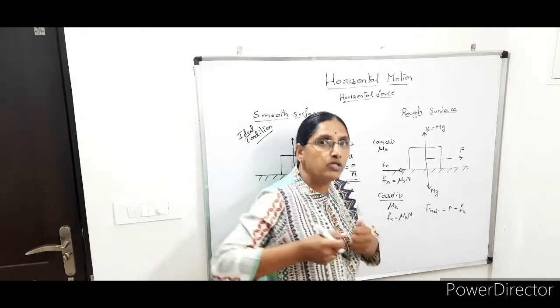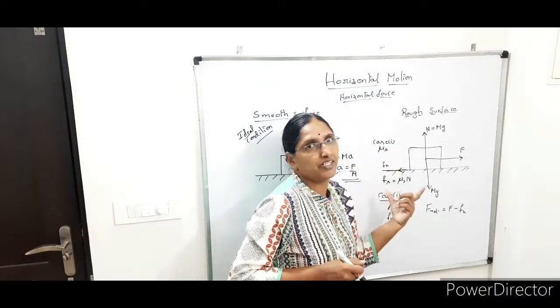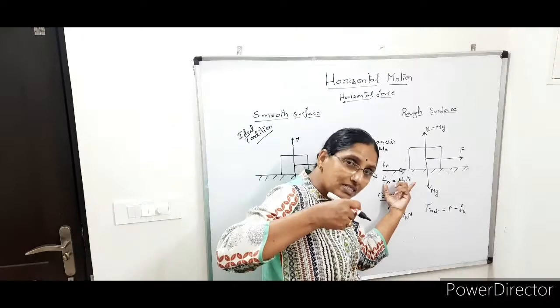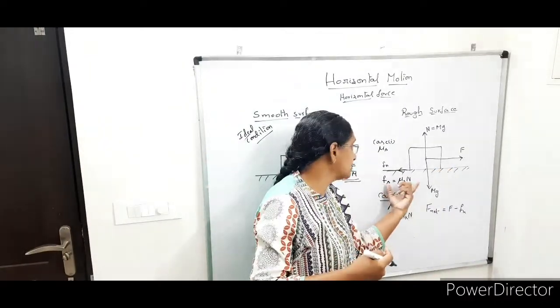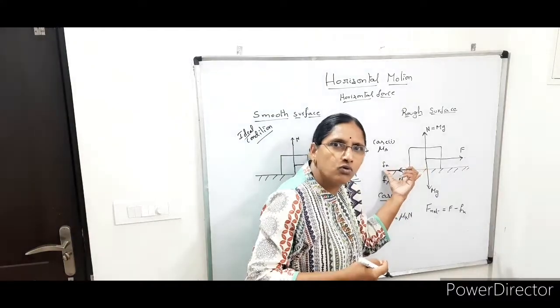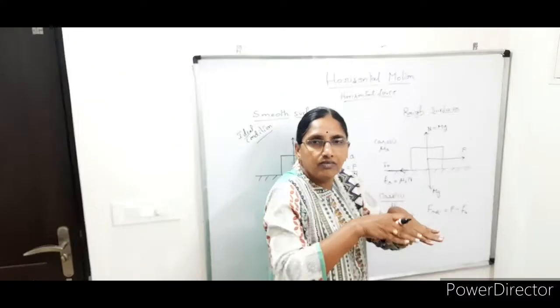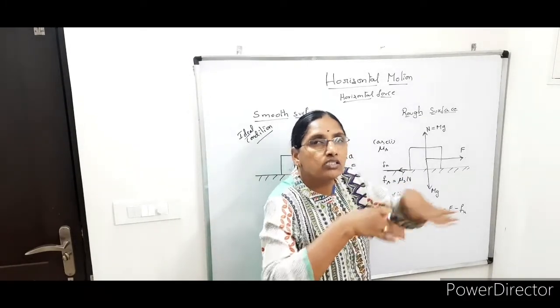What is that pulling force called? That is the frictional force. So the body won't move until you apply some more force. Where the body is ready to move, that is the maximum opposing force. After that, the friction cannot stop it.